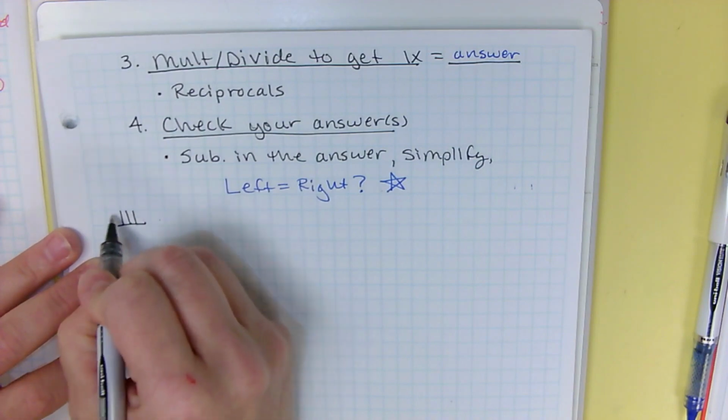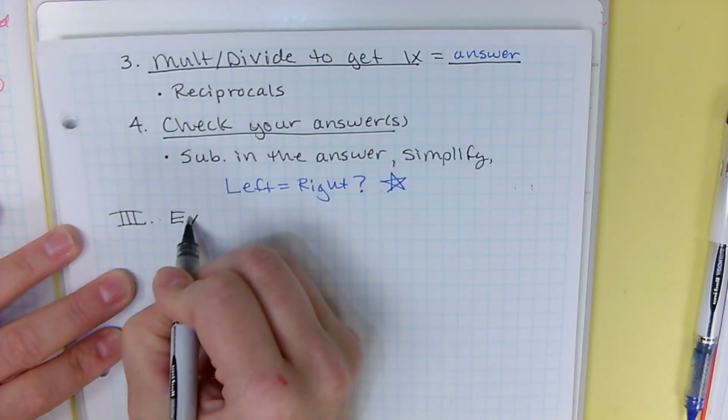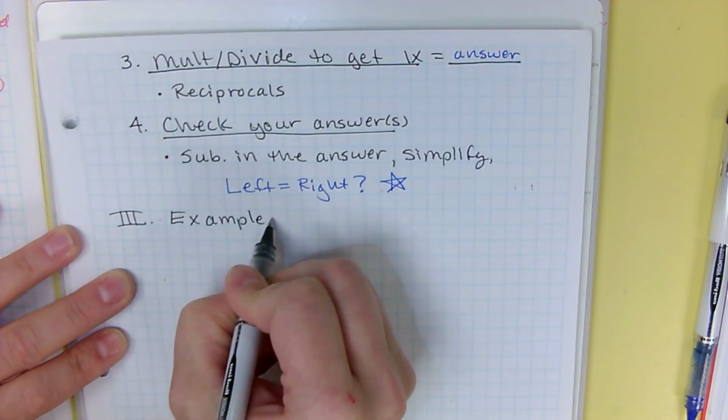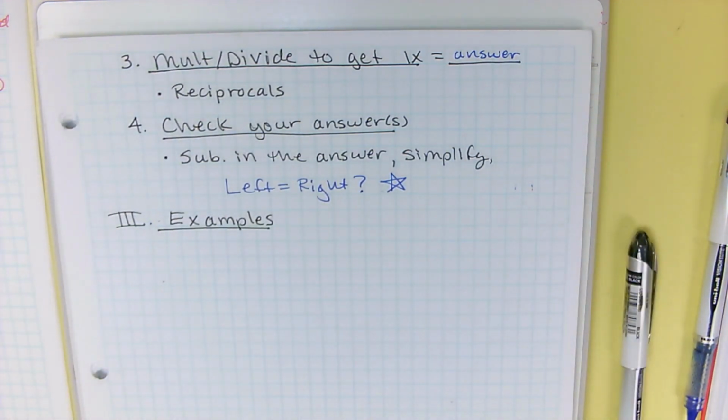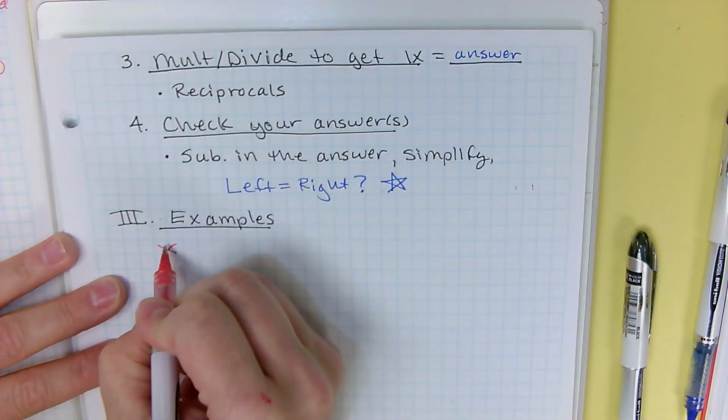Okay, so Roman numeral 3, we're going to go to examples. Now, this is the part where I'm going to require that you show work in a certain way. After this unit, you will be allowed to solve showing work however you want. But by then, you might see why it's the useful way to do it. But in the beginning, we're going to do it very uniform.